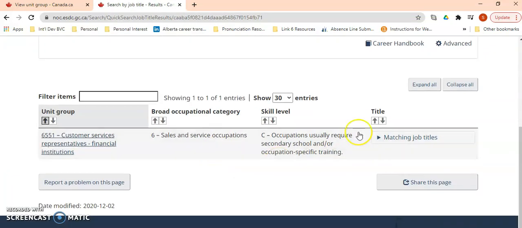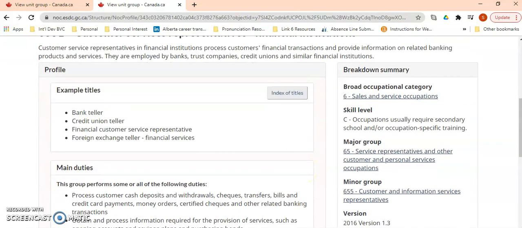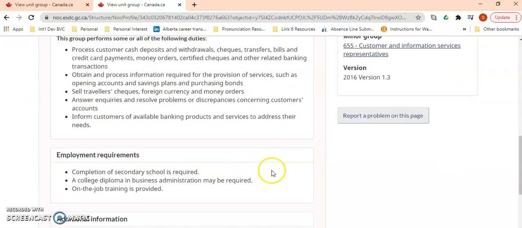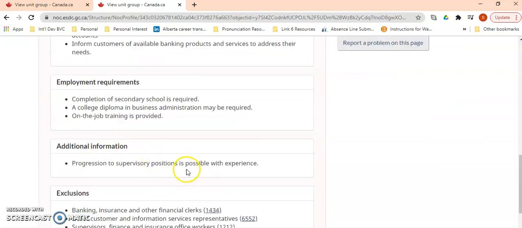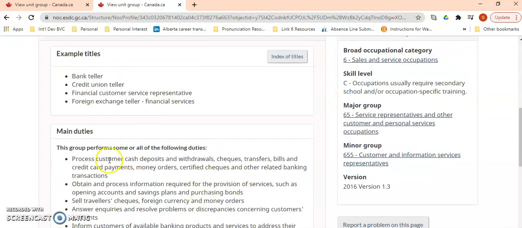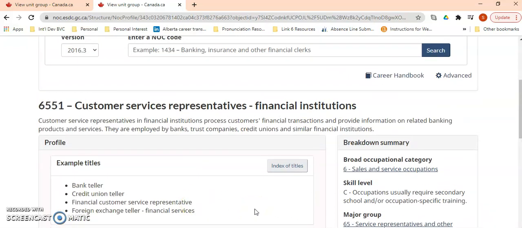So I'm at a bank teller, customer service representatives, financial institutions. Okay. Bank teller, credit union teller, and it's all similar information to what I just went through, so I won't go through it again. But yeah, so you can find out the job duties here and understand what the requirements are of the job and how it's phrased in Canada.